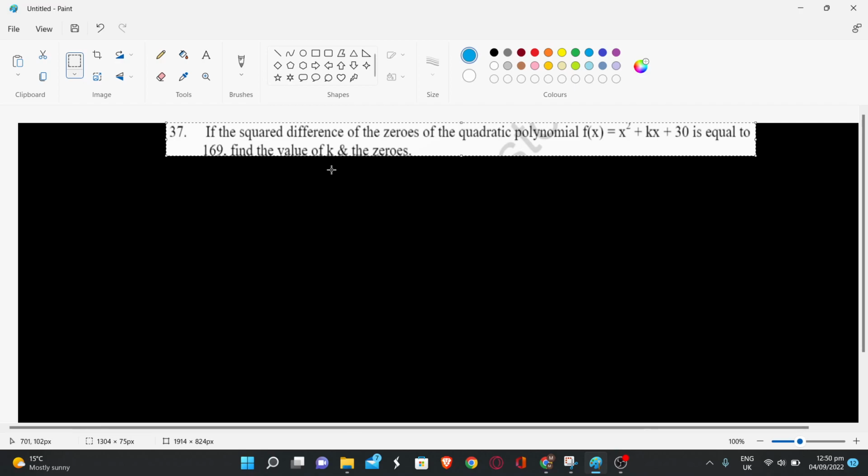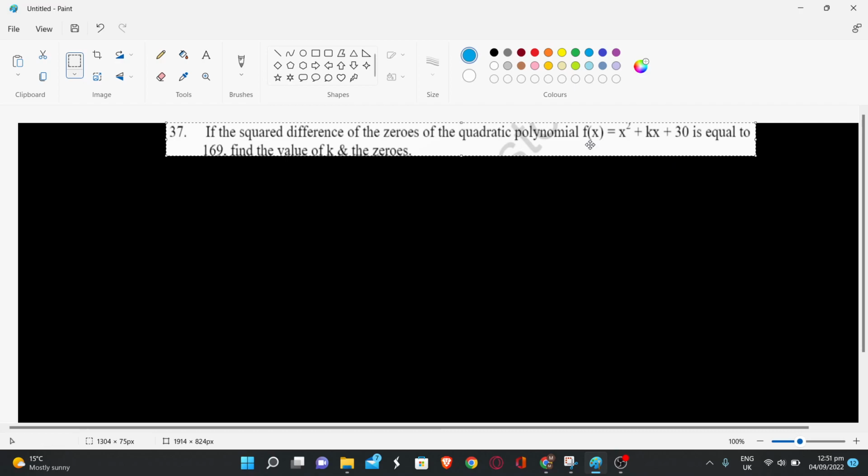Okay, so what are zeros? Zeros are basically values for x such that the equation is equal to 0. We have to find a value for k, and we have to find two numbers, because a quadratic polynomial can have 2, 1 or 0 zeros, but it's either 1 or 2 in this case.